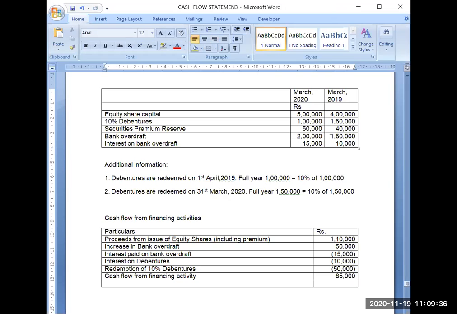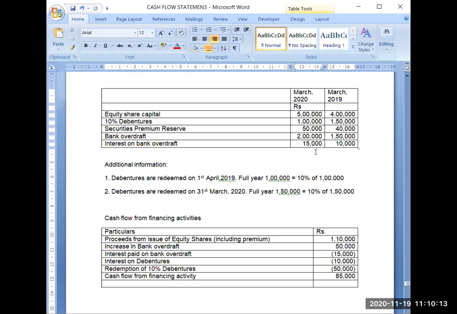But if you are redeeming 50,000 on the last day of the year, oh, sorry, my amount is a little bit wrong, this amount is of bank overdraft. The debenture amount is 1,50,000. Now on the last day of the year, I am redeeming 50,000.